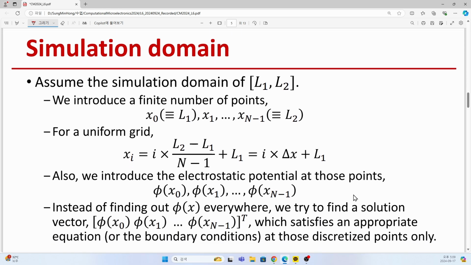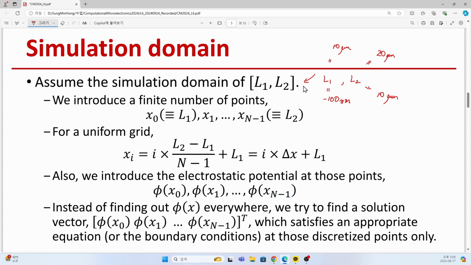Let's assume that our entire simulation domain goes from L1 to L2. For example, it can be minus 100 nanometer and 10 micrometer, whatever, or this number can be, for example, 10 micrometer, and this can be 20 micrometer, whatever.